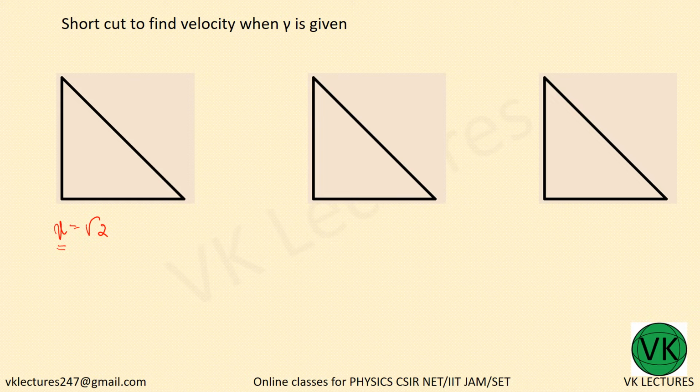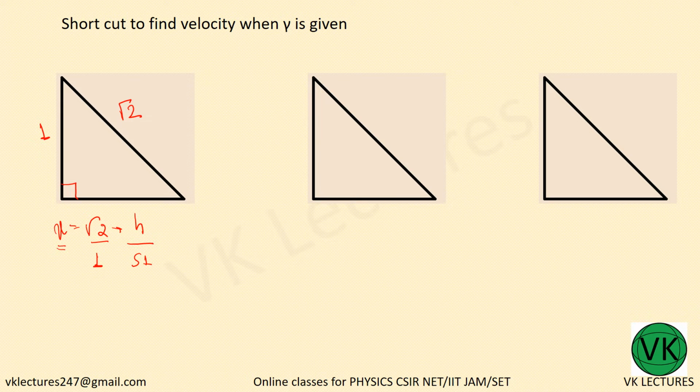So write it as a fraction, gamma equal to root 2 divided by 1. Now for this gamma, the numerator is the hypotenuse and the denominator is any other side. Let me call it side 1. So I am writing this root 2 here as hypotenuse and side 1 as 1.